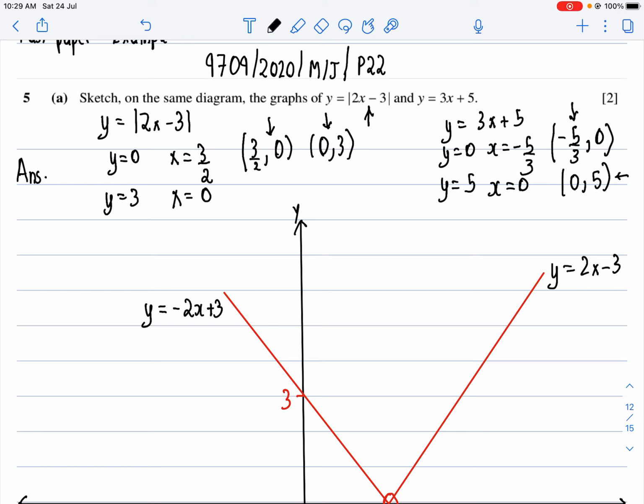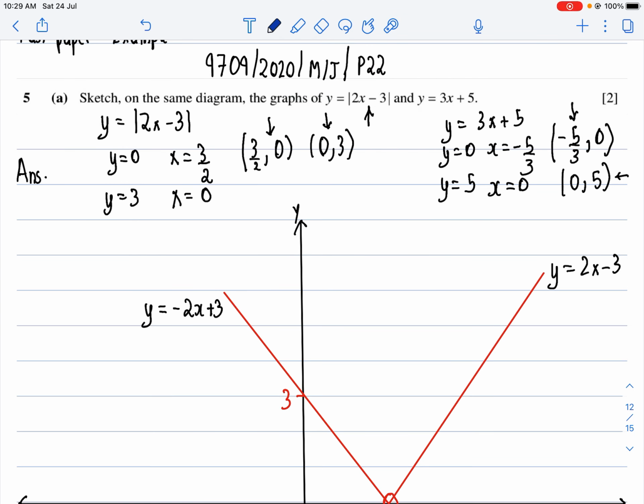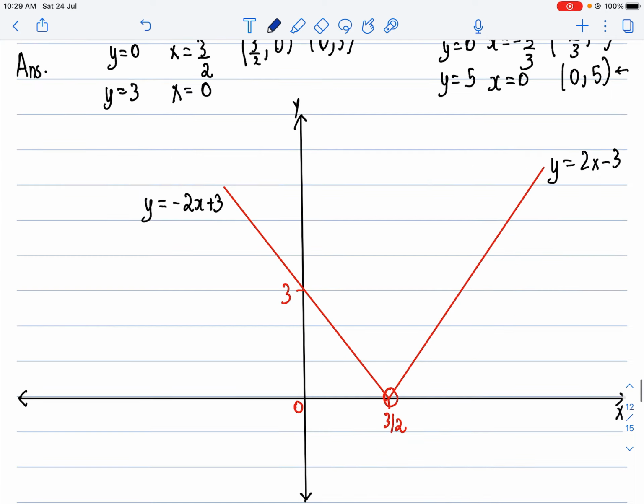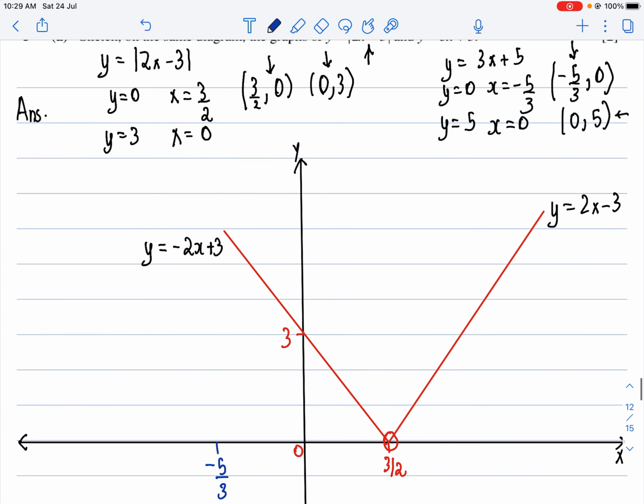Now the linear graph, I'll make with blue. So I have minus 5 over 3 comma 0, which let's say lies somewhere here. So I have minus 5 over 3. And I have 0 comma 5, which let's say lies somewhere here. These are the coordinates which I can simply say.